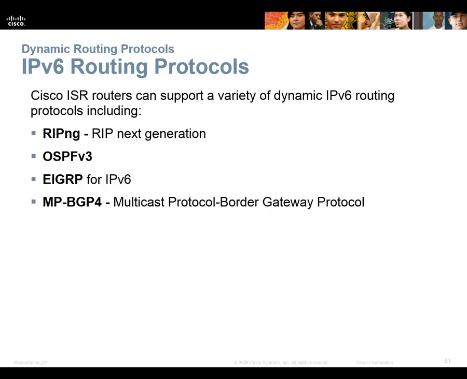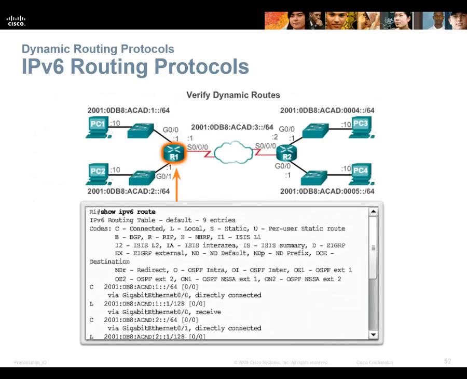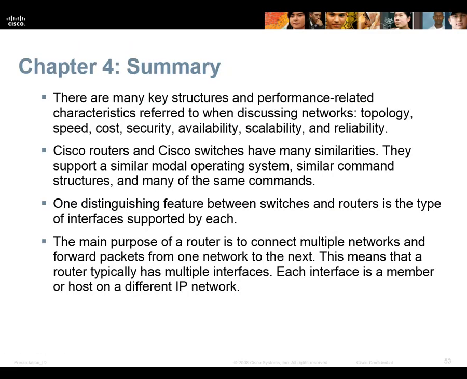That's your border gateway with multicast and IPv6 support. Here we're looking at it, show IPv6 route. This shows that we've got directly connected. That's a link local, another directly connected. And that is sort of a rundown of brief routing.